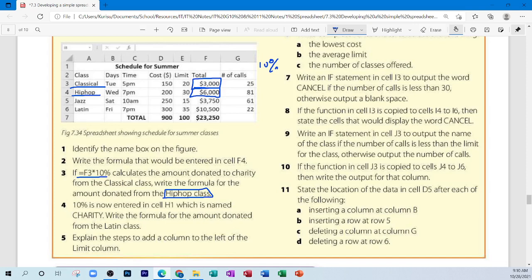Sir, cell H1 was renamed to charity. It was, but that's not the reason why we don't use H1 anymore. Anyone? Why did we use charity? Think about it.